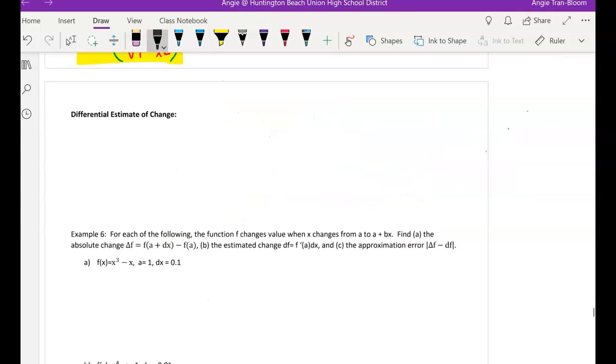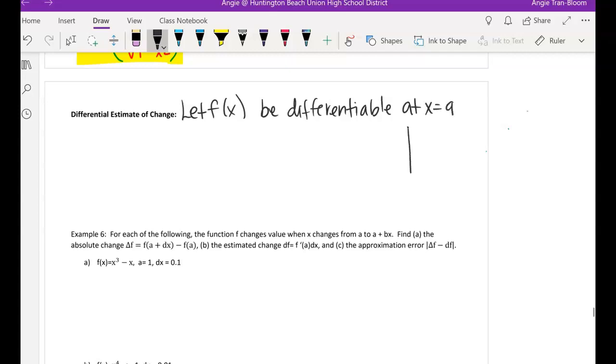Differential estimate of change. Let's start with the definition, okay? Let f of x be differentiable at x equals a. Give me some space here to draw a picture of this, so don't write all there.